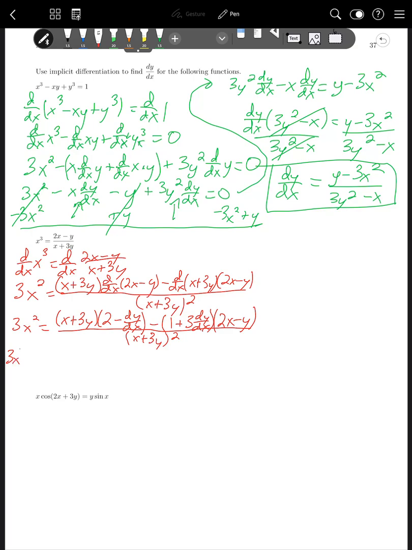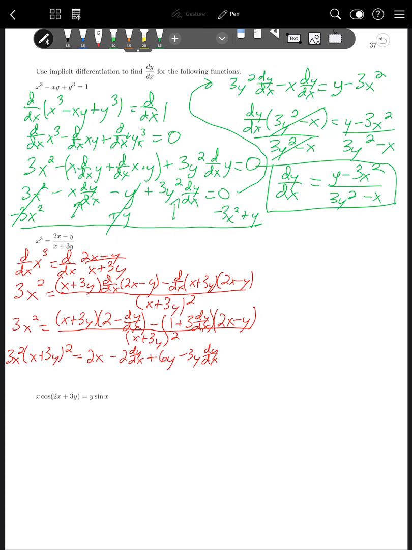So we've got 3x squared times x plus 3y squared equals, and then distribute these out. So 2x minus 2 dy dx plus 6y minus 3y dy dx. And then the other side. All of these are going to be the opposite of what I would normally get because of this negative.